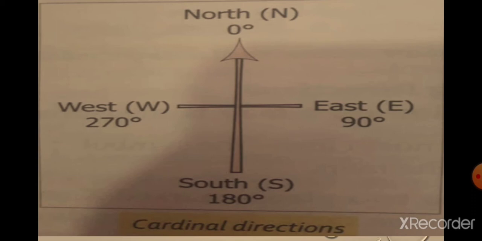Remember, the arrow always points towards the north and the opposite direction is the south. Towards the left we have the west and towards the right we have the east. Is it clear? Let's see what next we are going to learn.